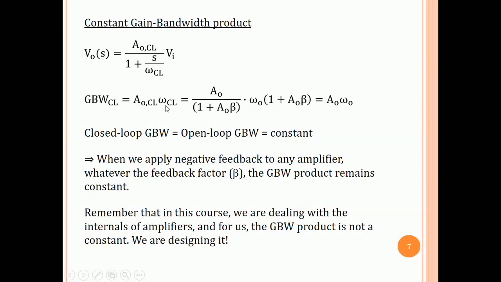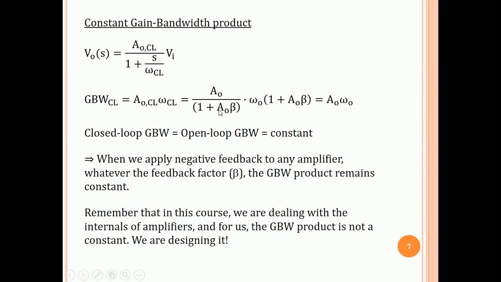So we say that the closed loop gain bandwidth product and the open loop gain bandwidth product are equal, or in other words, as we apply negative feedback to an amplifier by putting a beta network, independent of the value of beta, the gain bandwidth product remains constant because the 1 plus A0 beta cancels.